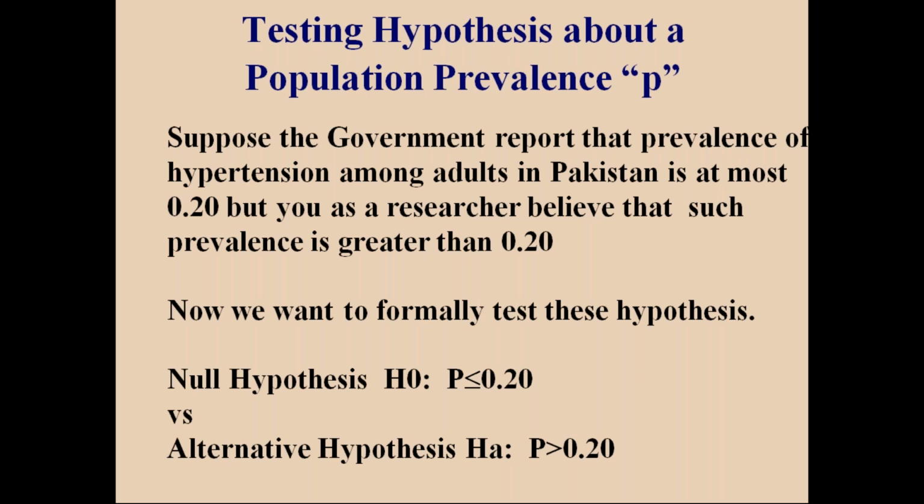Now we want to formulate and test these hypotheses. Null hypothesis H naught means you believe that P is less than or equal to 0.20. The alternative hypothesis H1 is P greater than 0.20.